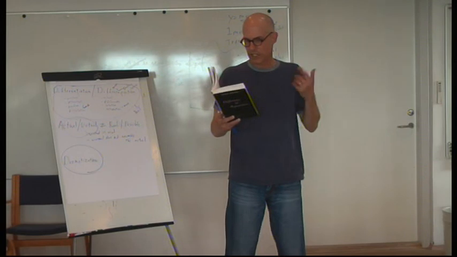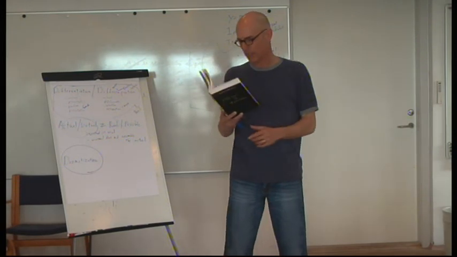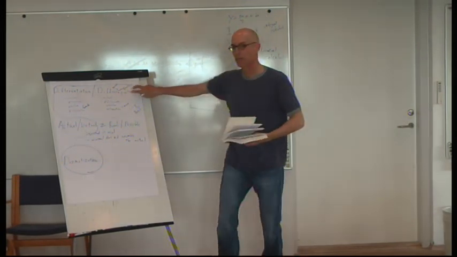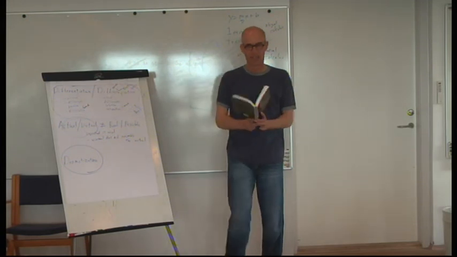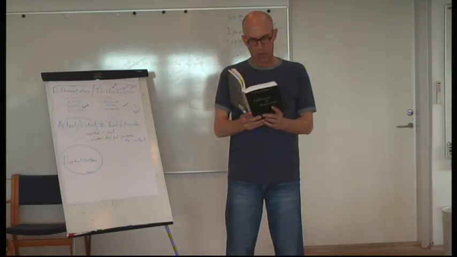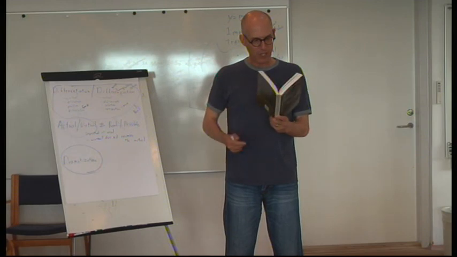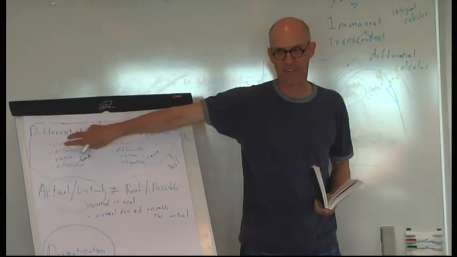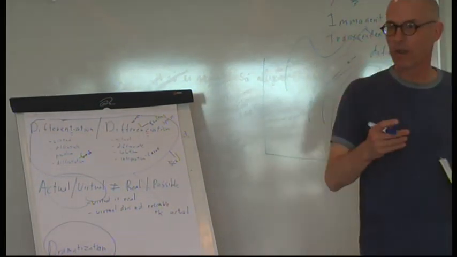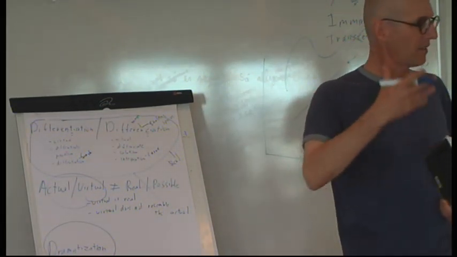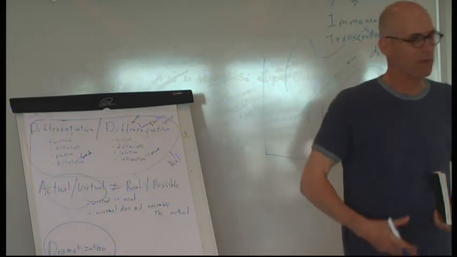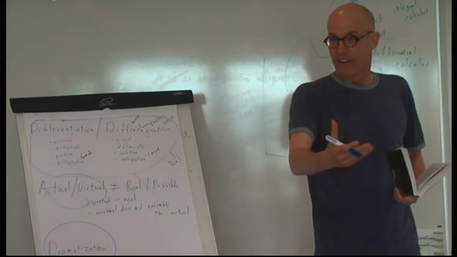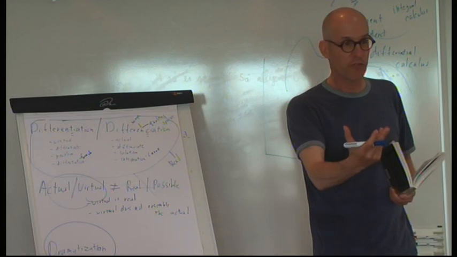He says the double differentiation of species and parts, qualities and beings, always presupposes spatio-temporal dynamisms. Differentiation. So think of the egg. What does the egg do? The egg becomes a chicken, but in becoming a chicken, that egg is a virtual field.